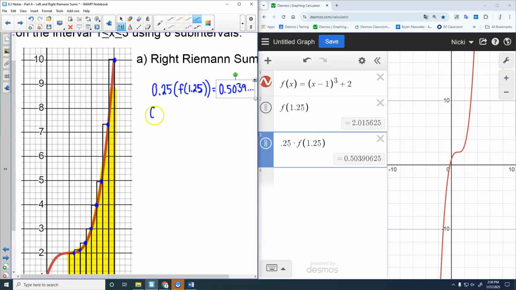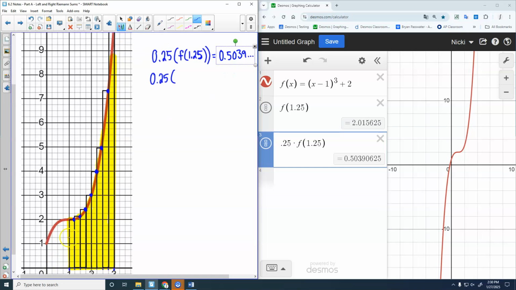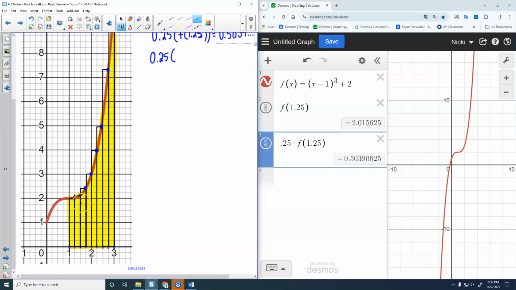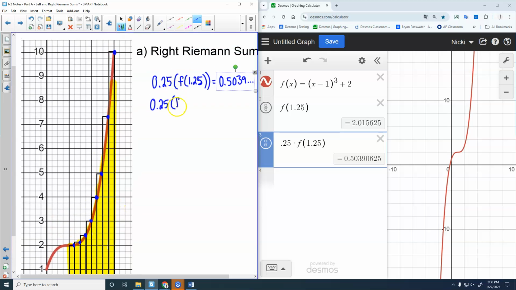But what I'm going to see is the next one is going to be 0.25 times, what's the height of the next rectangle going to be? f of 1.5, right? Because if I plugged in 1.5, it would give me the y coordinate on that graph, which would be the height of this rectangle. So I'm going to have f of 1.5.